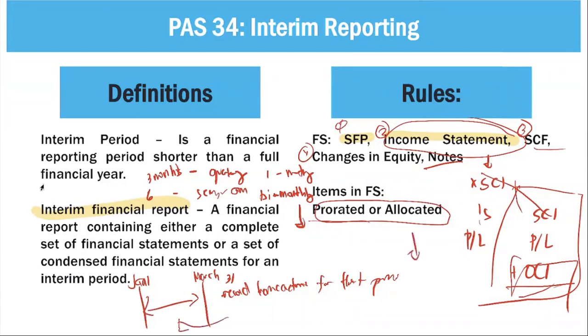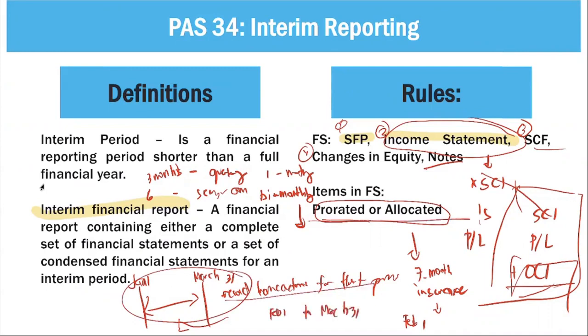But what if that transaction is considered an annual transaction or it pertains to different periods? Okay. So for example, you have a 7 month insurance. Okay. 7 month insurance. And you purchase the 7 month insurance on February 1. So if you are to report here on January 1 to March 31, will you report the whole 7 months? No, you will only report from February 1 to March 31.